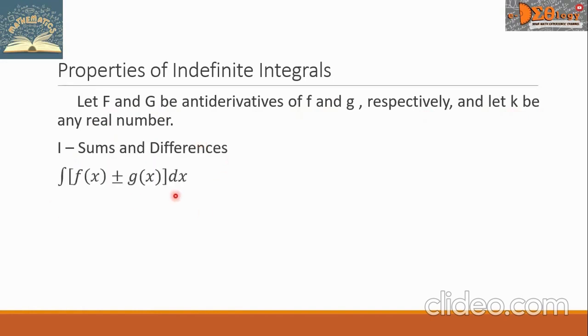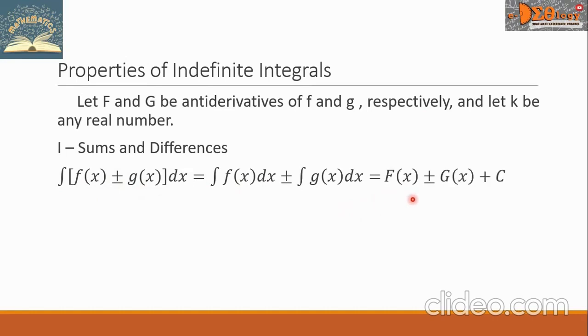This is the expression, the integral of two functions, let's say f of x plus or minus g of x dx, and this is equal to this expression. What we're doing here is taking the integral of each of the functions with respect to x, and then the final answer will be capital F of x plus or minus capital G of x, and then plus c.